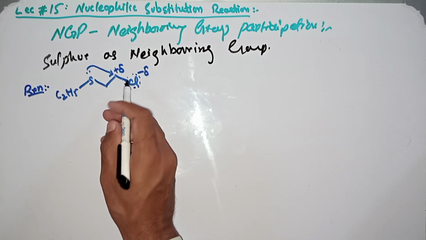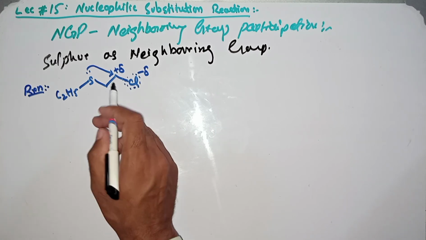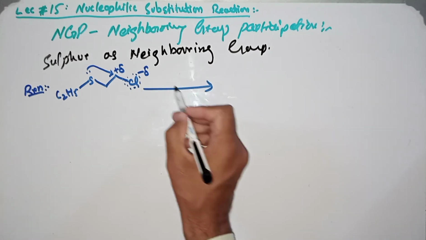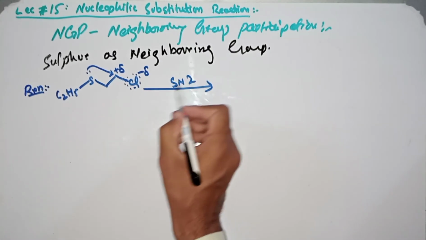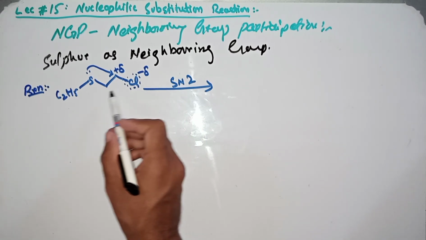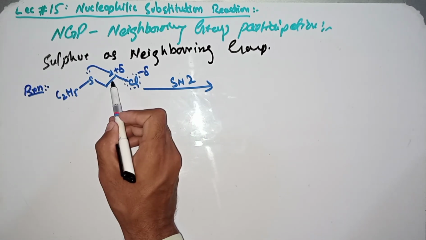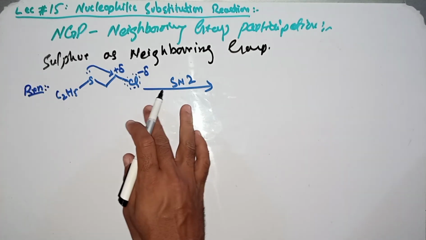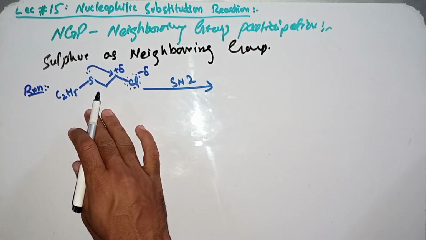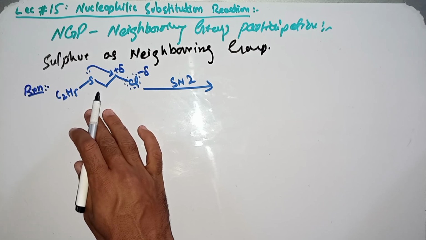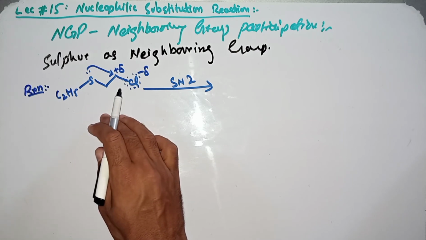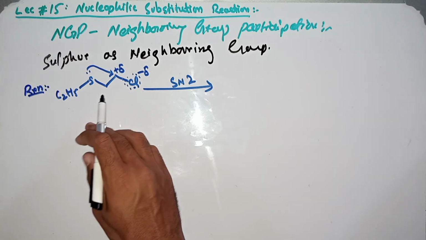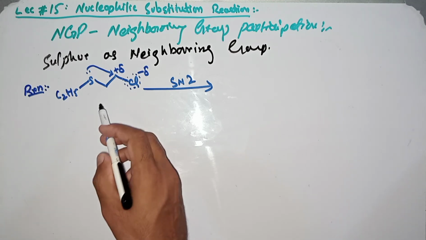This attack will be an intramolecular SN2 reaction. Why is it SN2? Because the leaving group leaves the system while the nucleophile attacks, both at the same time. In an SN2 reaction, the nucleophilic attack and the departure of the leaving group happen at the same time. So both are present here.